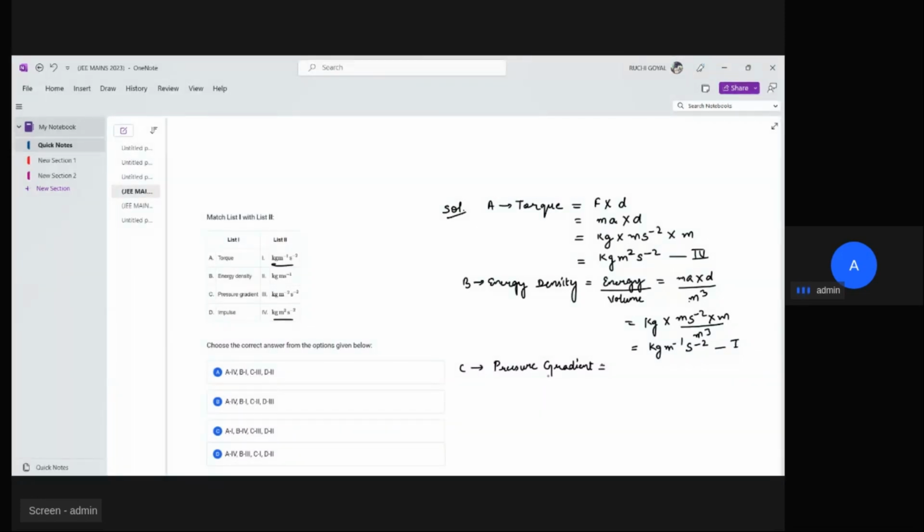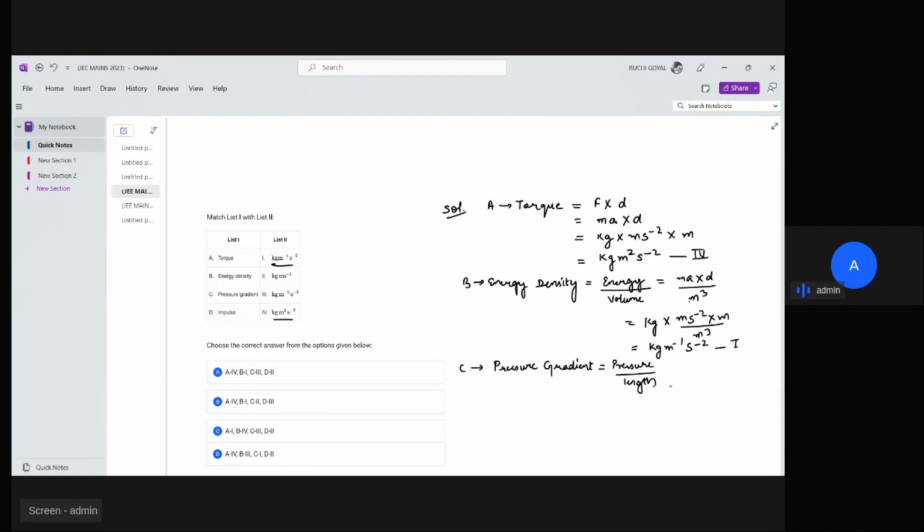Is it correct? Yes. So pressure gradient will be pressure divided by length, that is pressure divided by distance.